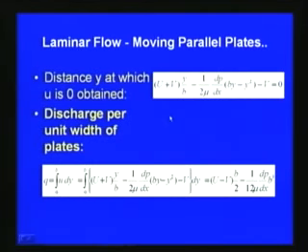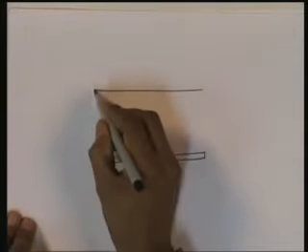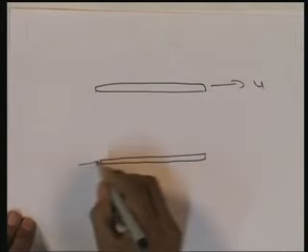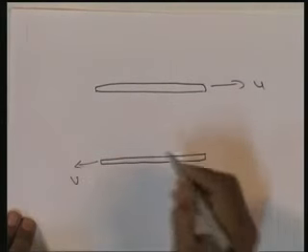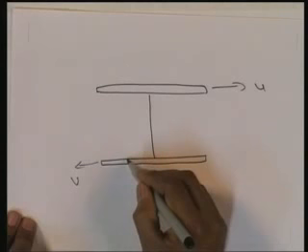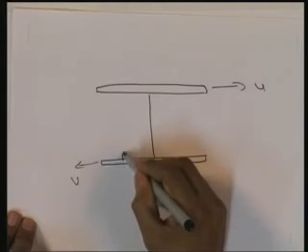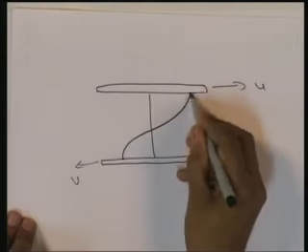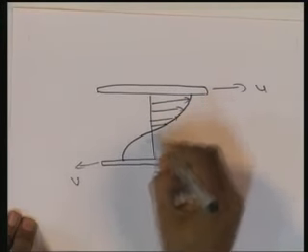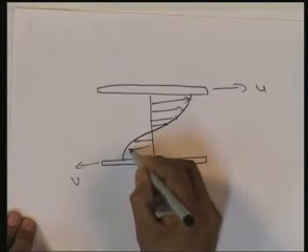Here I will just draw the variation of the velocity, since the upper plate is moving with the velocity U in this direction and the lower plate with V in the other direction. If we plot the velocity, the velocity variation will be something like this, since here it is positive, and in the other direction like this.